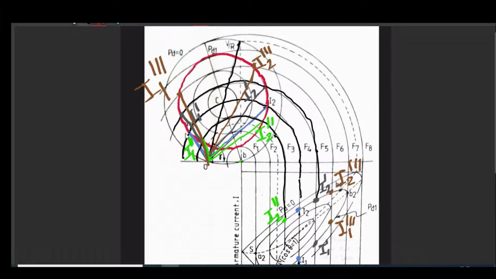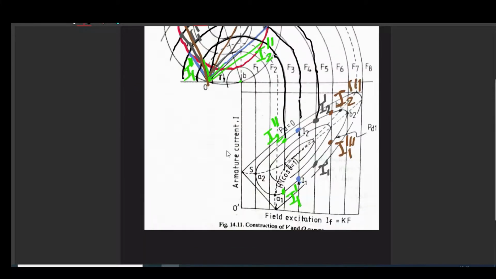So basically, after having all these points, what you can do is take a small interval, by which I mean the gap between two consecutive values of E naught that you are going to take.